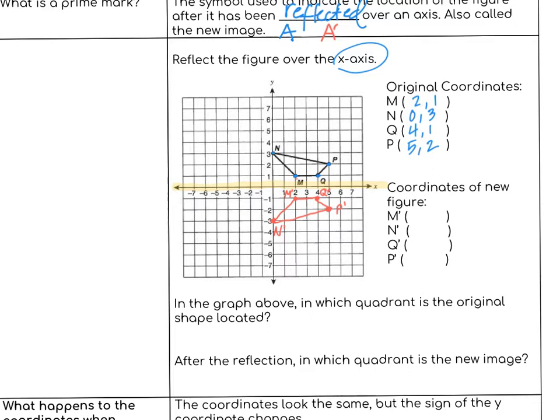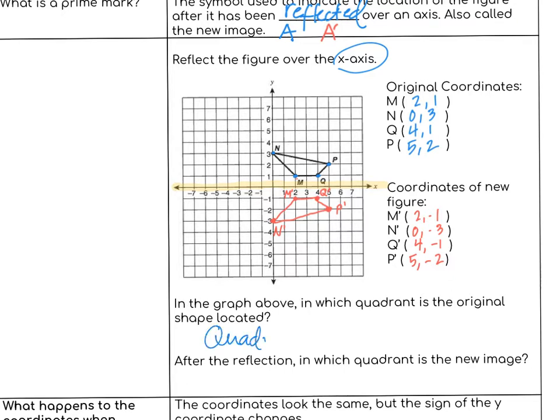So now we're going to put the coordinates of the new figure. So M prime is 2, negative 1. N prime is 0, negative 3. Q prime is 4, negative 1. And P prime is 5, negative 2. So our original shape was located in quadrant 1.